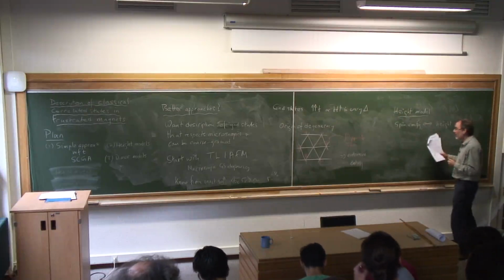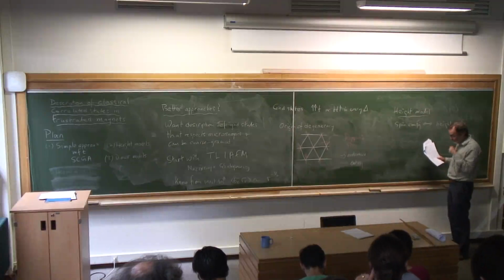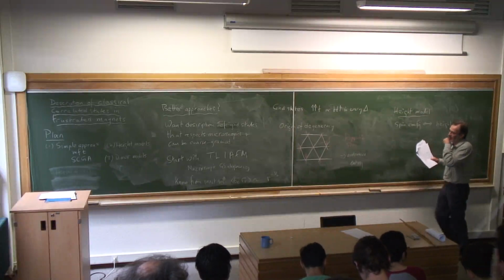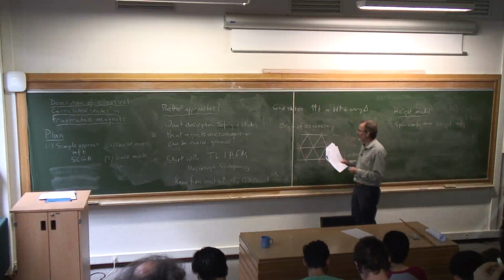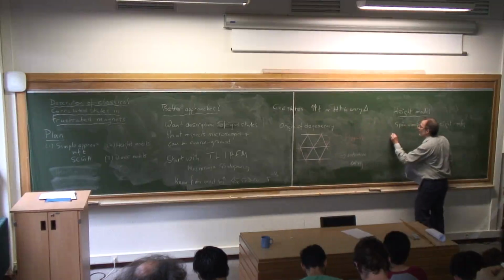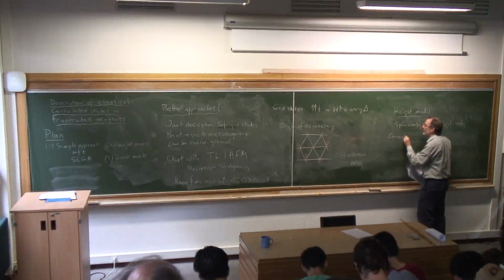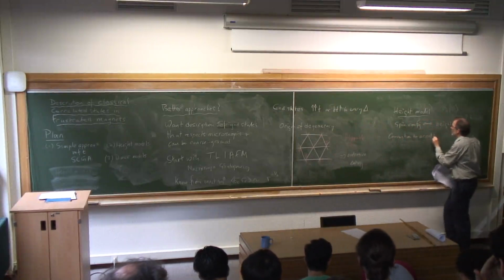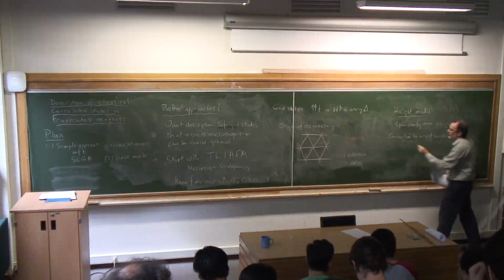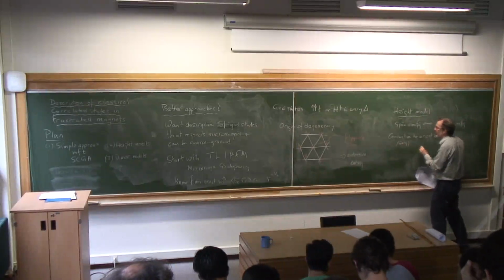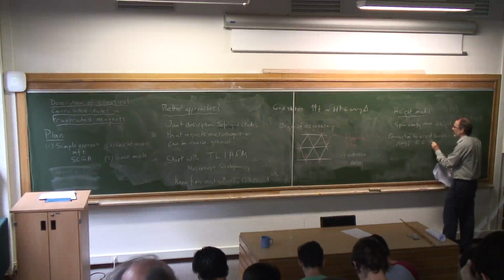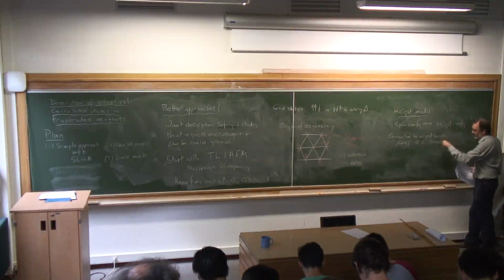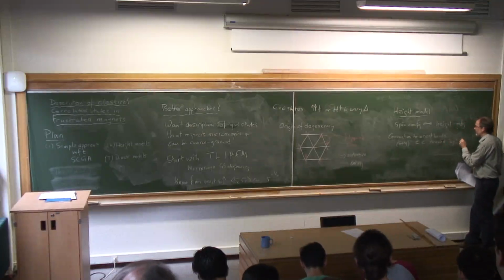And to do this, we need, first of all, to introduce a convention for directions on these bonds. So we can say that we'll go counterclockwise around the triangles which are pointing up on the lattice.